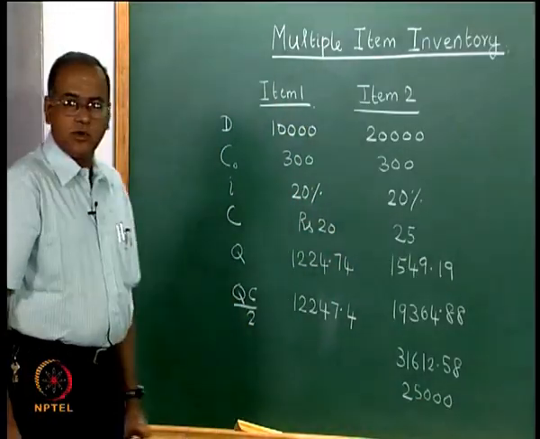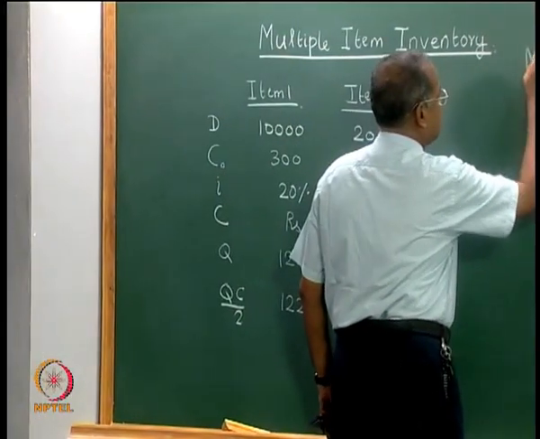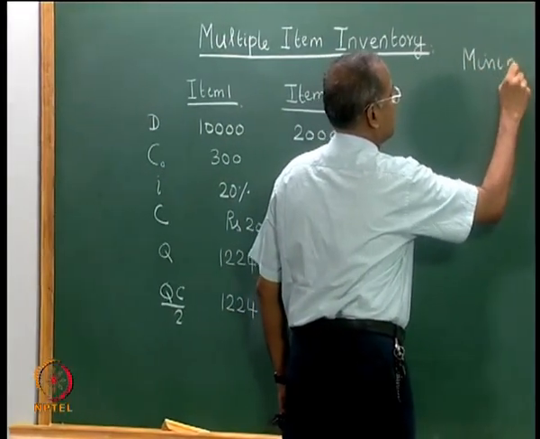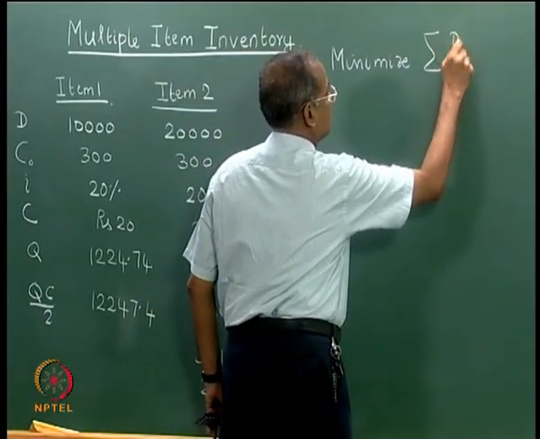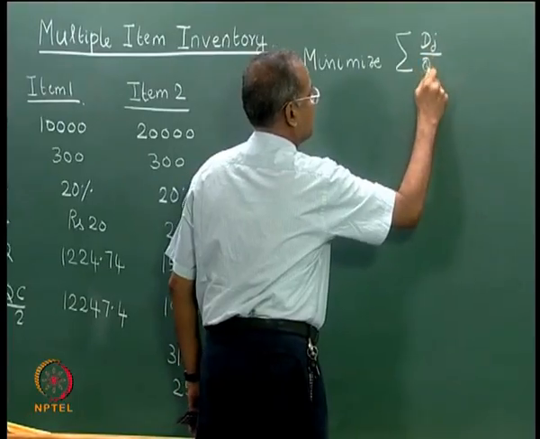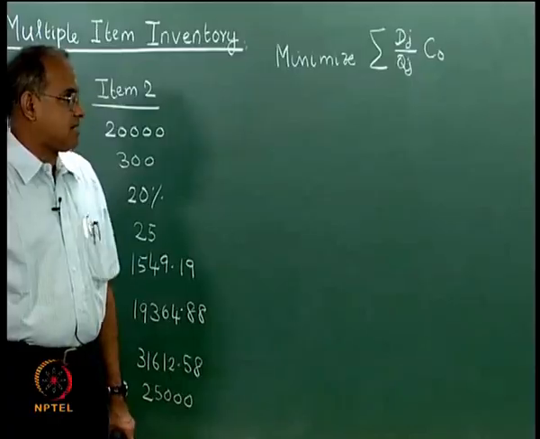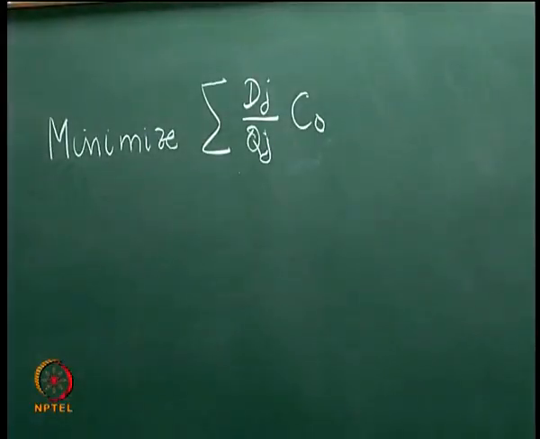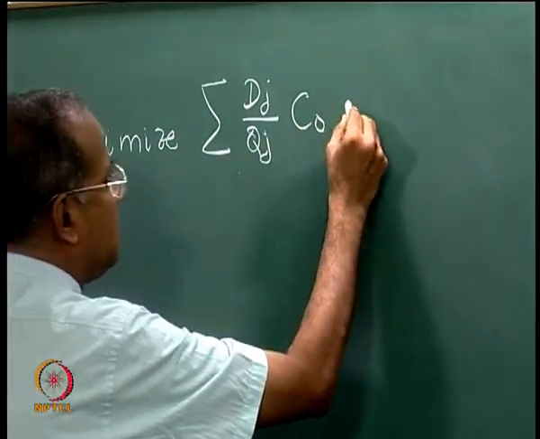So, this leads us to an optimization problem where we try to minimize the sum over j of Dj by Qj into C naught, plus the sum over j of Qj by 2 into ICj. Now, Dj is the annual demand for item j, Qj is the order quantity. So, Dj by Qj is the number of orders into order cost.